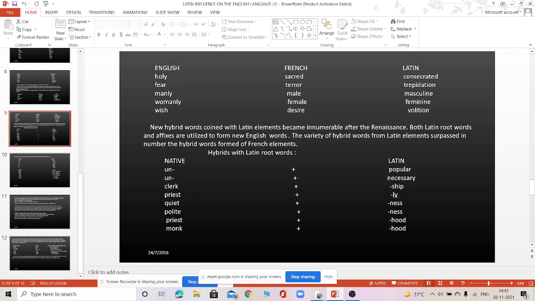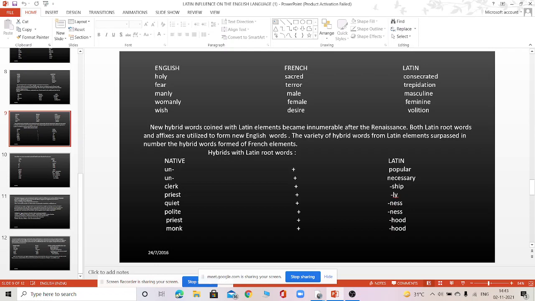So now let us move on to the next portion. Now we will find how new hybrid words coined with Latin elements became innumerable after the Renaissance. What happened after this revival of learning, revival of ancient classical texts, is that a number of words of Latin origin combined with the native words, with either the native prefix or the native suffix.